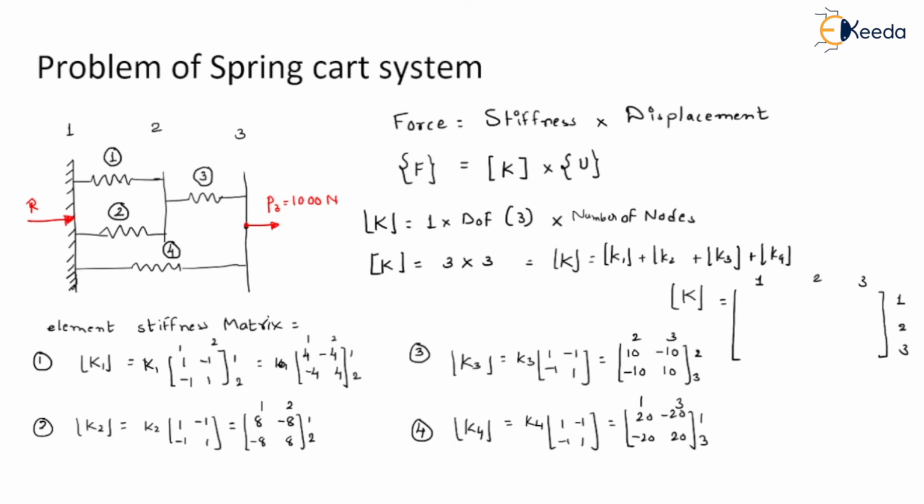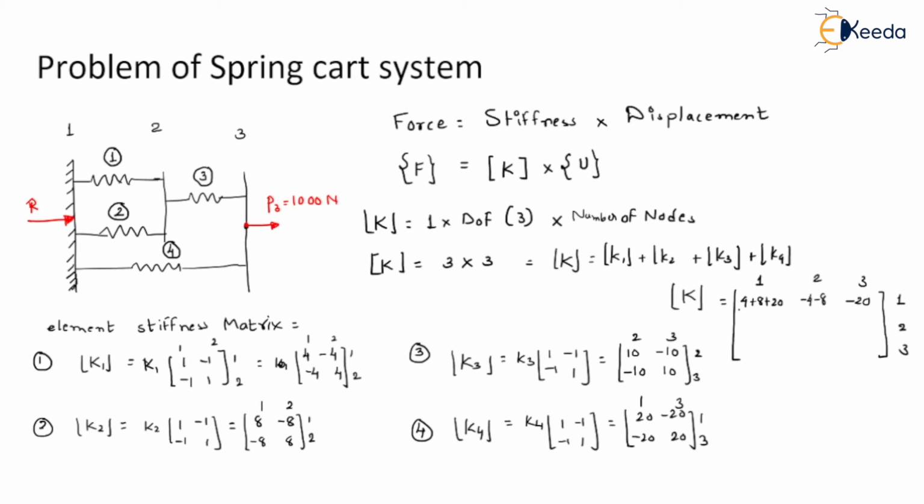For 1 1 we have 4 plus 8 plus 20. Here you can see 4 plus 8 plus 20. For 2 1 we have minus 4 and minus 8. You can see here minus 4 and minus 8. For 3 1 we have minus 20 only. So minus 20.